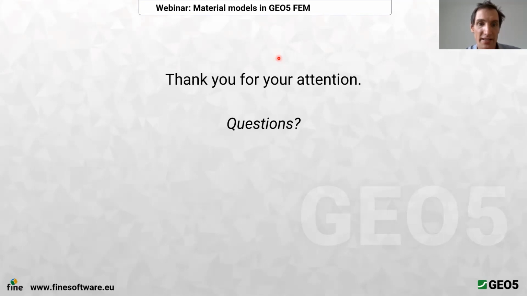Okay, so this question is about what are these E moduli in GEO5? What is oedometric modulus? What is Young's modulus? What is elastic modulus? What is the unloading reloading modulus, etc. So there are two different types of moduli in terms of theory of elasticity, which cannot be mixed.